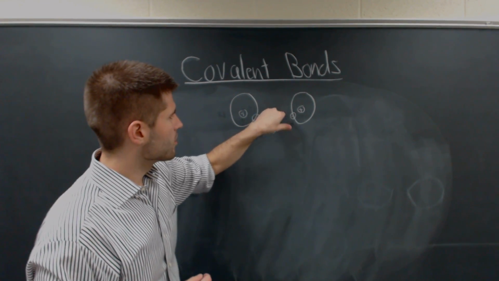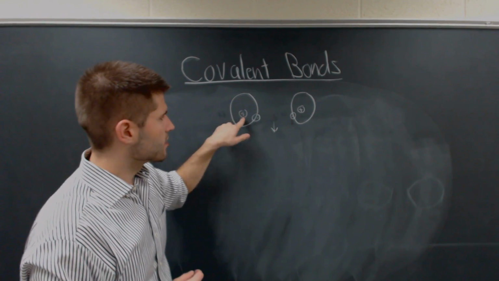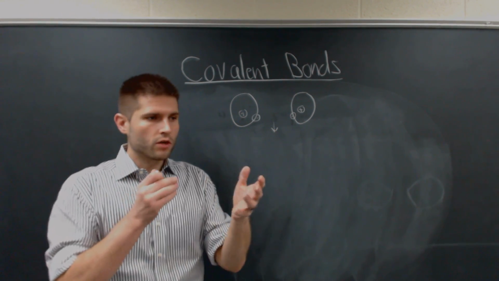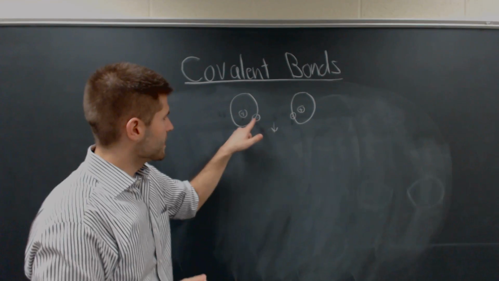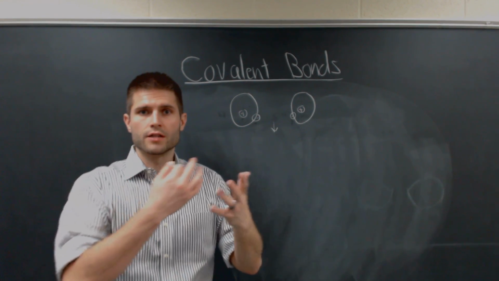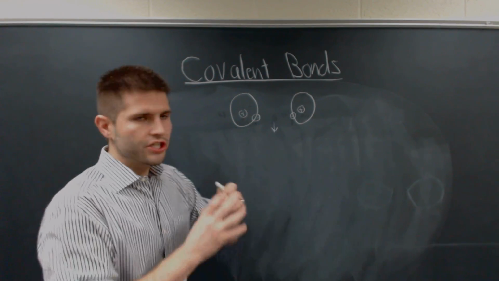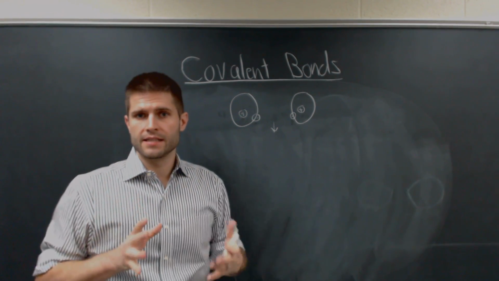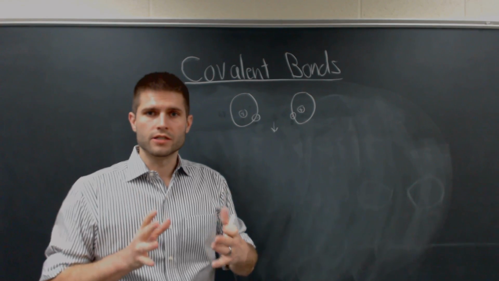So as these things come closer together, this negative starts seeing that positive and wants to be drawn towards it. Same thing happens with this negative. This negative sees this positive and starts to be drawn towards it. So we get a shape difference as these elements come closer together.